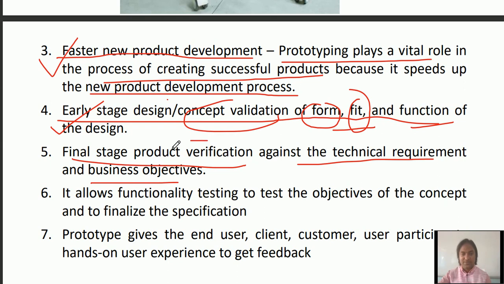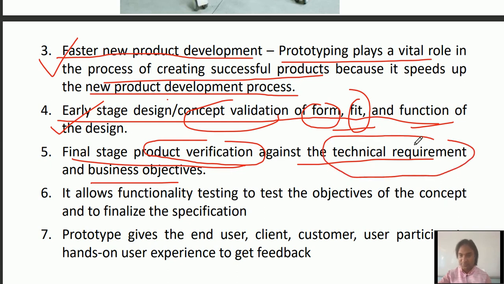It means final stage product verification: whether we are able to meet the technical requirements, like strength can be considered. Like in the water purification case, are we able to maintain the hardness of the water? Is the water purifier able to filter the water?